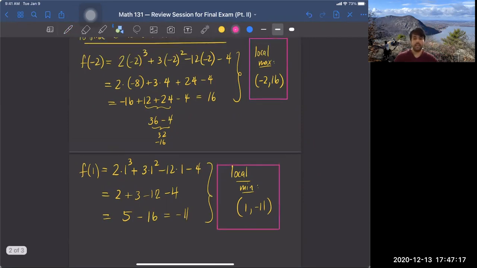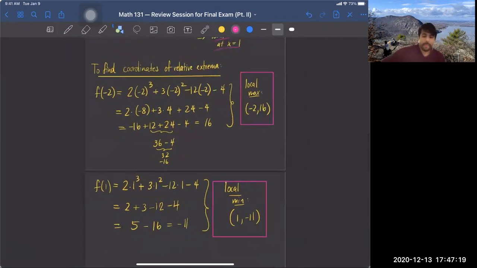Make sense? So that's how you use the second derivative test to indicate whether the critical numbers have a local maximum or local minimum at those points. If plugging the critical number into the second derivative gives a negative value, then it's concave down, which indicates a maximum.